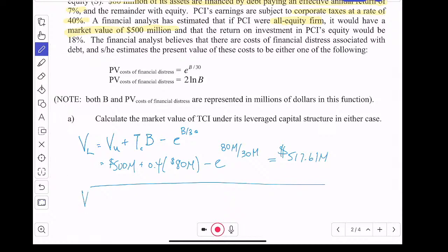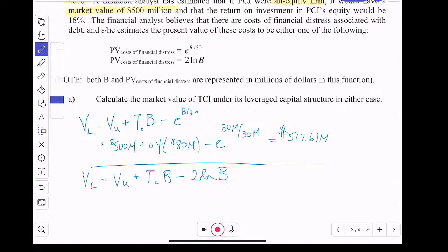The value of the levered firm would be value of the unlevered plus TCB minus 2 log B. So that would be equal to 500 million again, plus 0.4 times 80 million again.